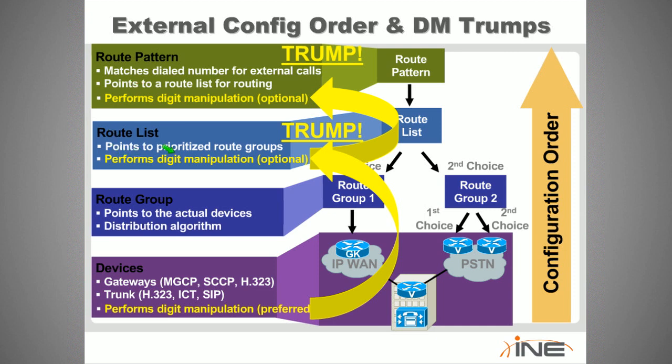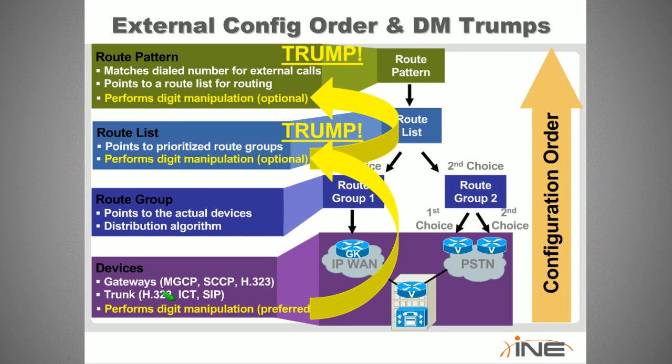Or the call had already gotten to the translation pattern, or maybe to the route list details level, and we told it what we wanted it to do, how we wanted that calling or called number to transform there on the same page.